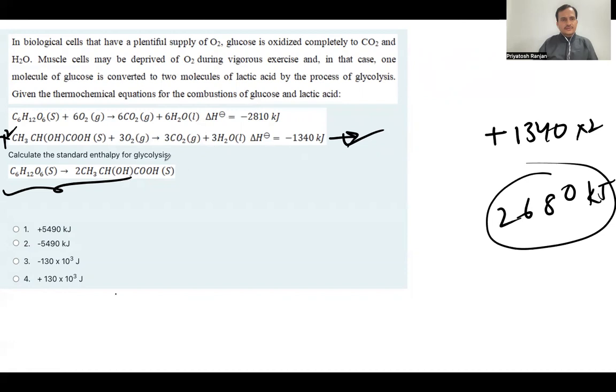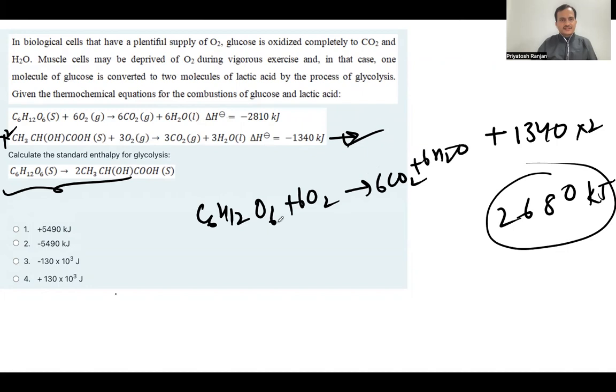And then, what I'm trying to say, you just write equation 1, 6CO2 plus 6H2O, and then reverse the below one, 3CO2 plus 3H2O, giving you 3O2. Rather 6 because I'm multiplying with 2: 6 CO2, 6 H2O, 6 O2, and 2 moles of lactic acid.